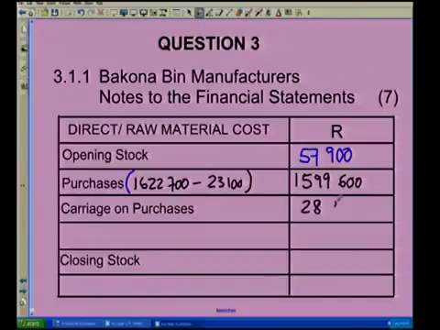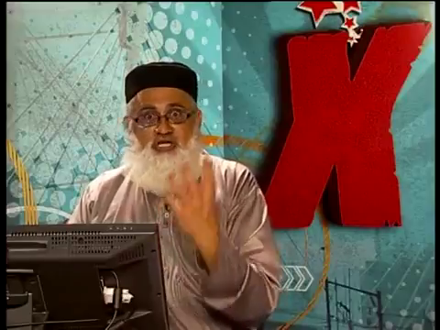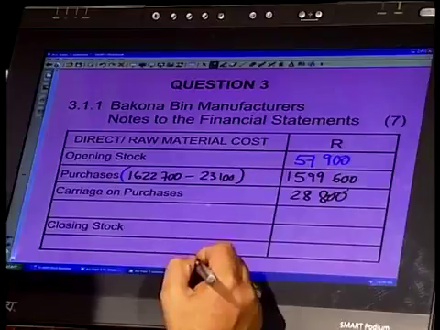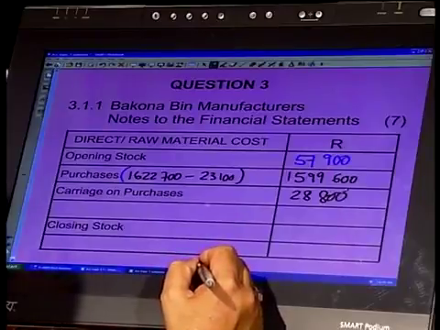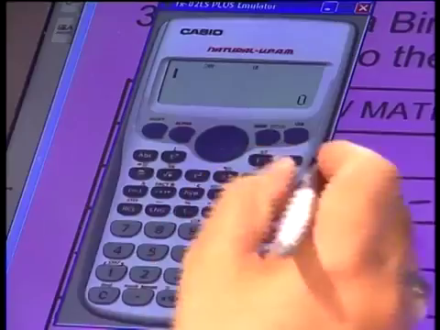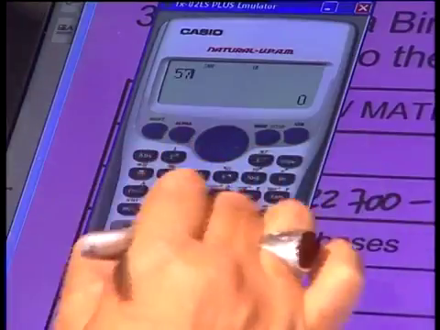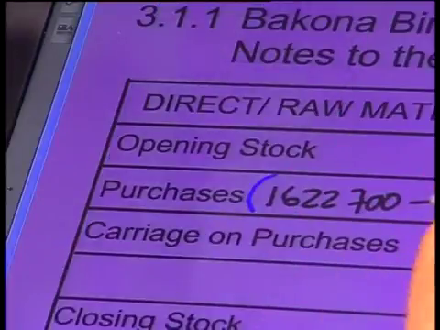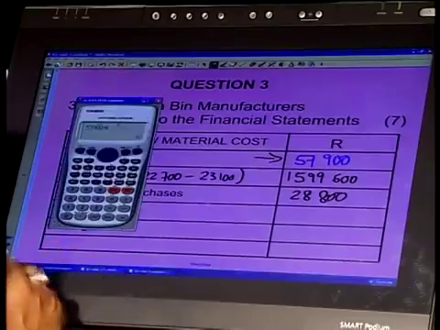Done. Going back to my question, what else do I have? Carriage on raw materials purchased, 28,800. Carriage on purchases, 28,800. Now I've got my opening stock, my purchases, and my carriage on purchases. I add those three items together.